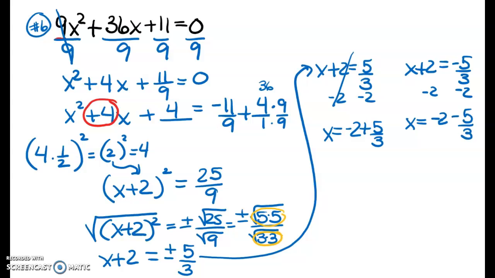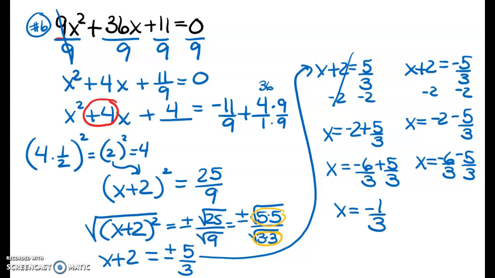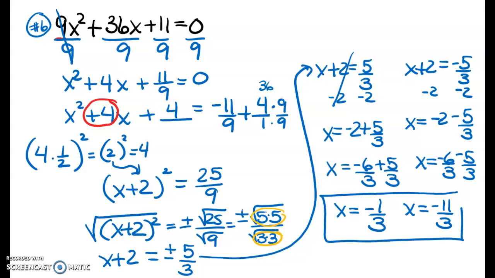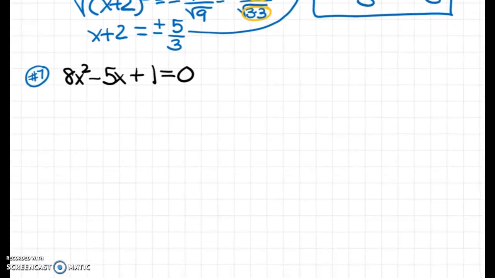And if I rewrite 2 as a fraction over 3, I'm going to multiply it by 3 over 3, so I get negative 6 over 3 plus 5/3, and negative 6 over 3 minus 5/3. And so when I add that, I get negative 6 plus 5 is negative 1/3. Negative 6 minus 5 is negative 11/3. So those are my two answers.